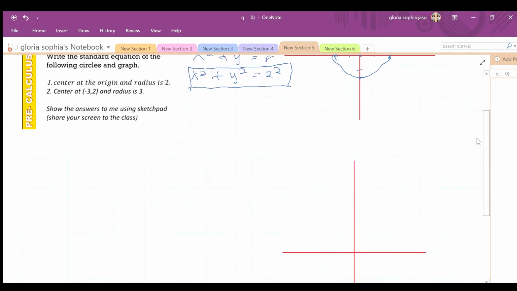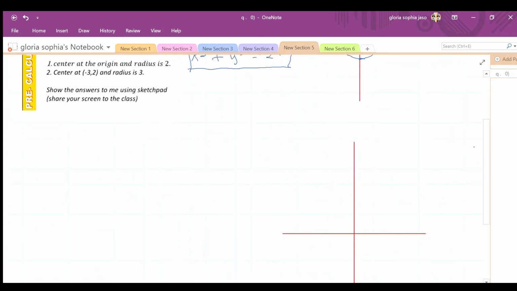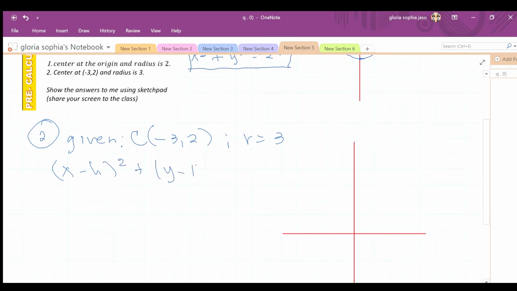Okay, for number 2, let's write the given. Center at negative 3, 2, and radius is 3. So, write muna natin. Let's write the equation of the circle. So, we will use the second equation when center is at h, k. X minus h squared plus y minus k squared equals r squared.